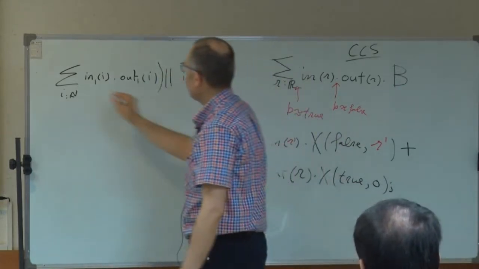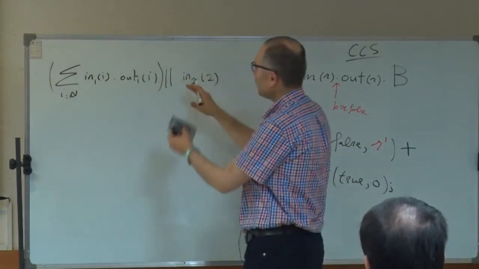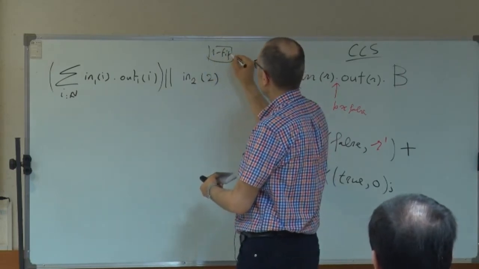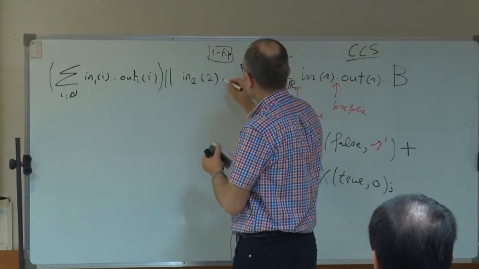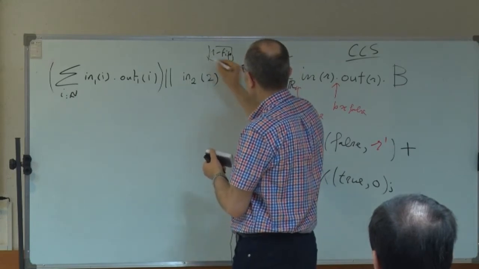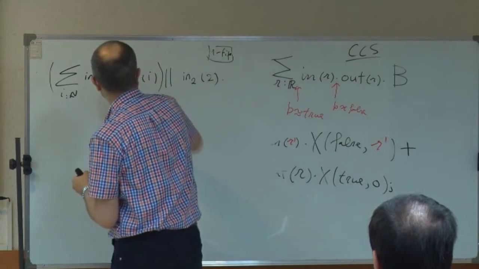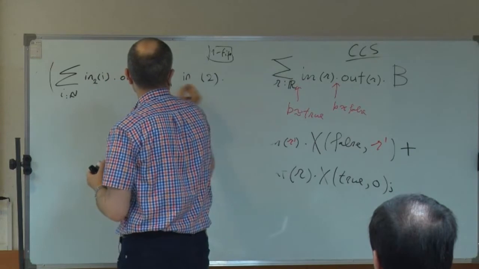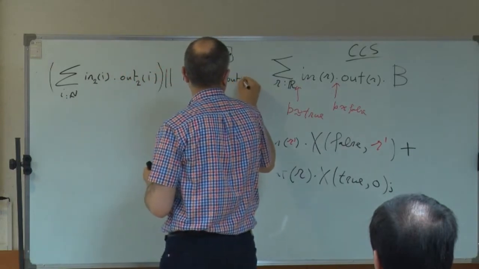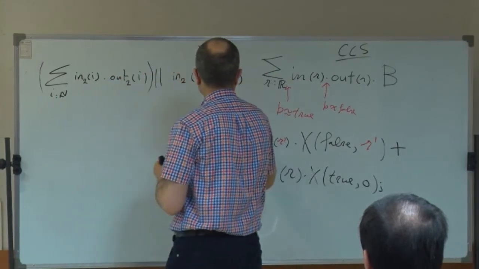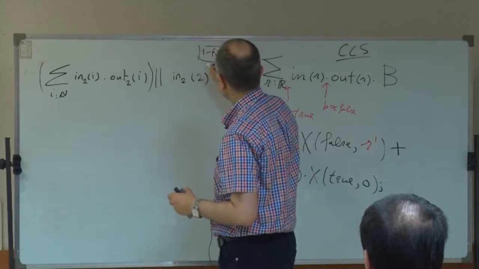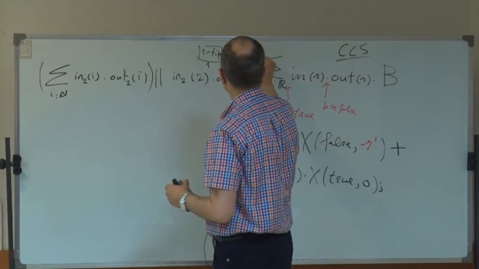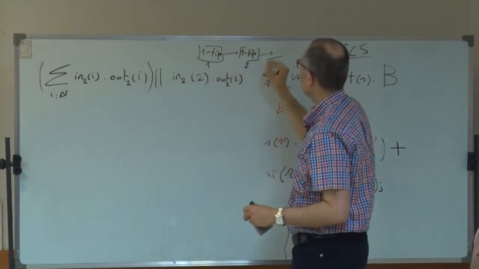Okay, so assume I have a parallel composition of two processes. I would like to mimic more or less the behavior of these two one-place FIFOs, okay? One FIFOs. So one of them is FIFO number 1. The other one is FIFO number 2.